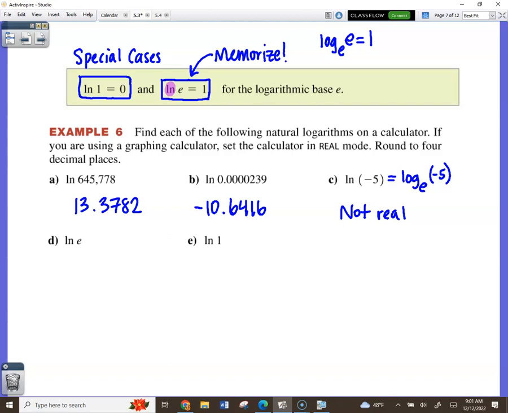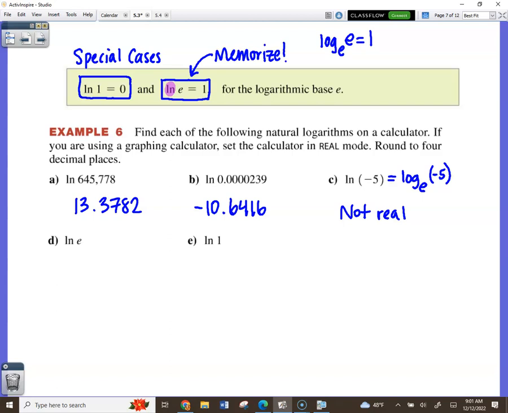There's no way to manipulate e, especially because e keeps going. It's like pi, there's no pattern, it just keeps going. There's no way to raise e to a power and get just negative 5. Not possible. So that's why it's not real.